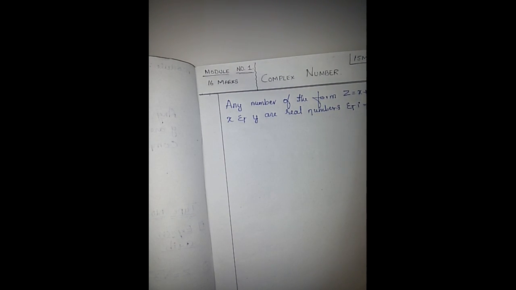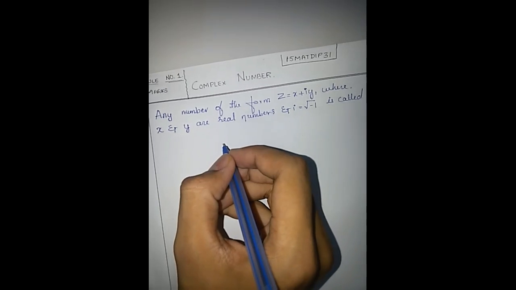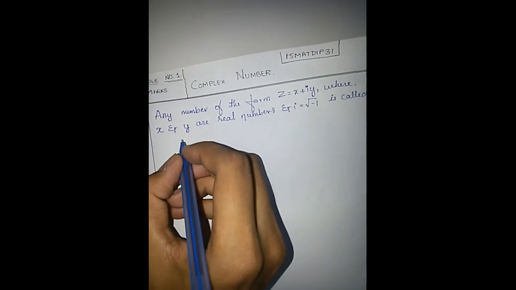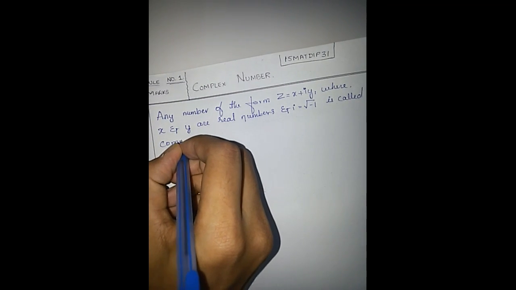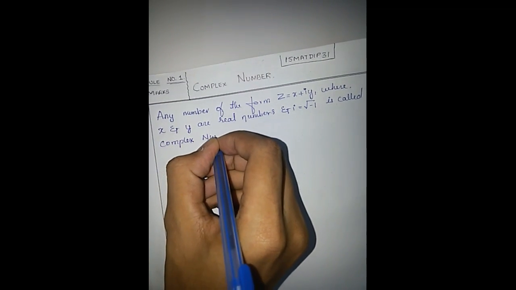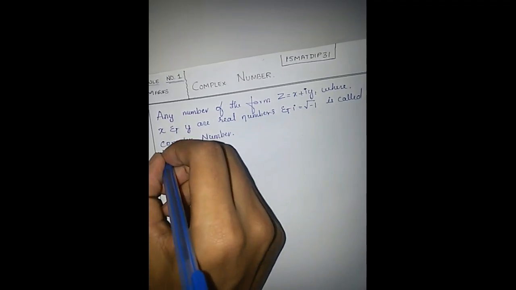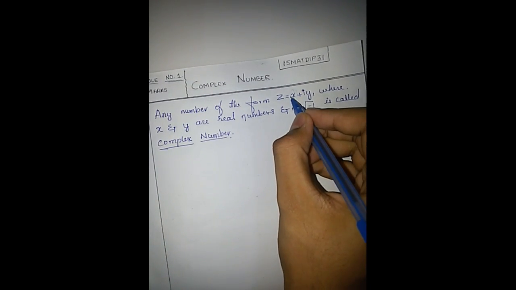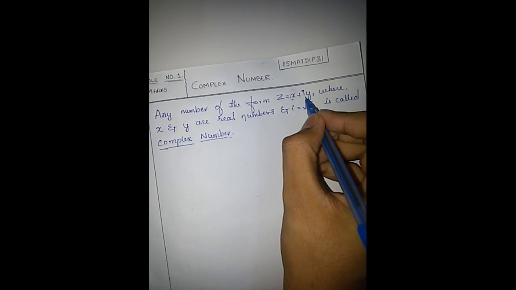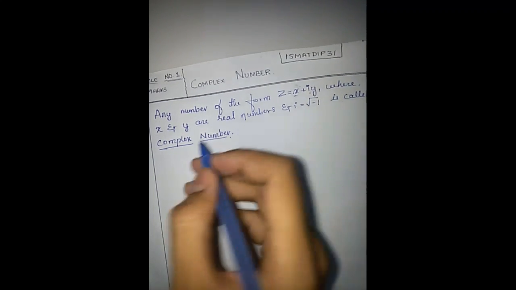This is called a complex number. So this part is called the real part and this part is called the imaginary part.